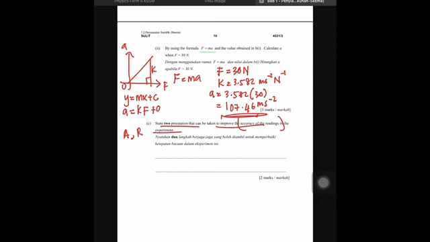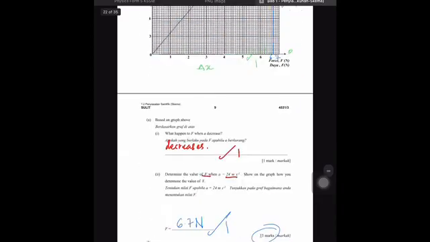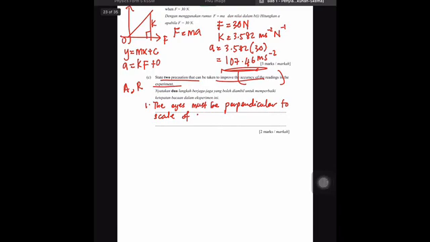The first thing: the eyes must be perpendicular to the scale of the spring balance, since you use a spring balance for force, to avoid parallax error.